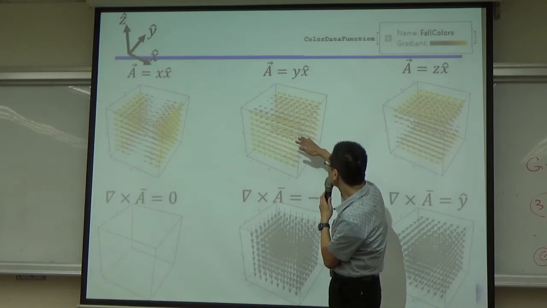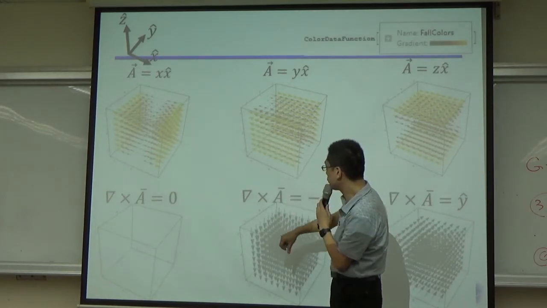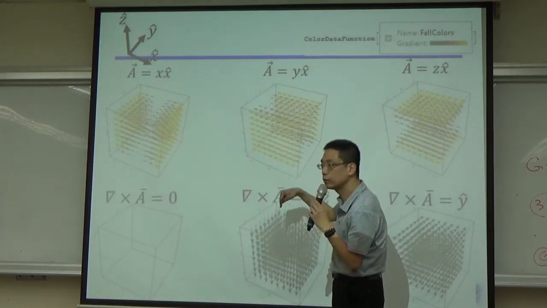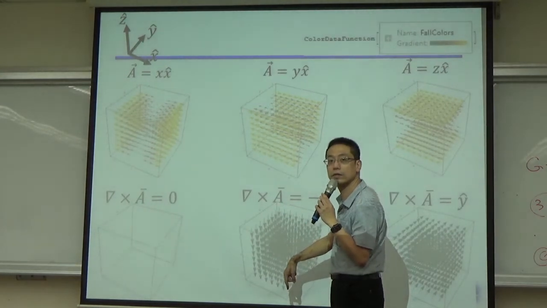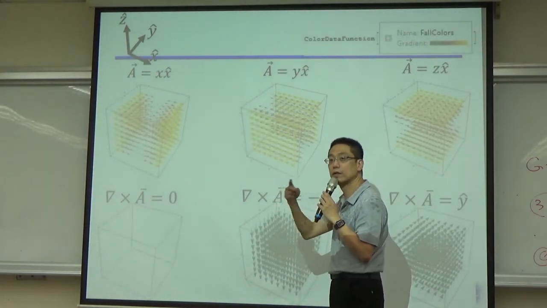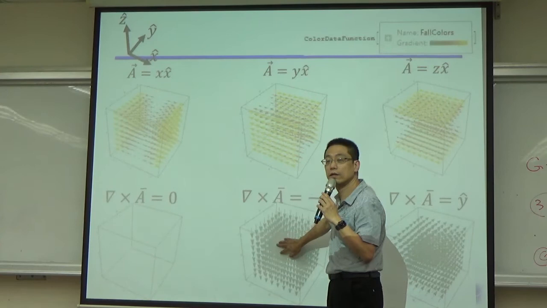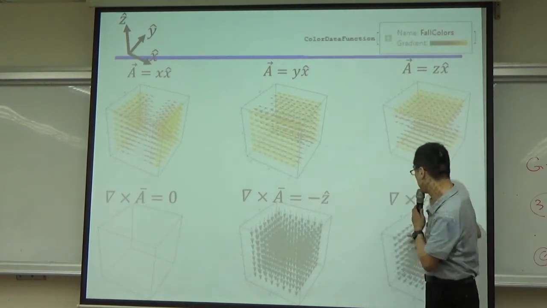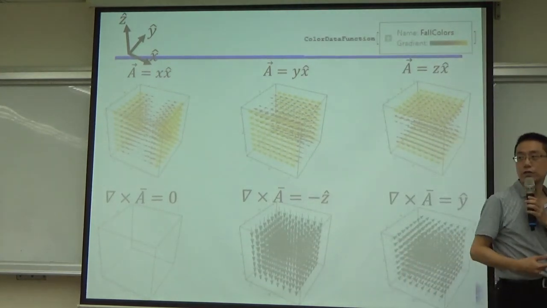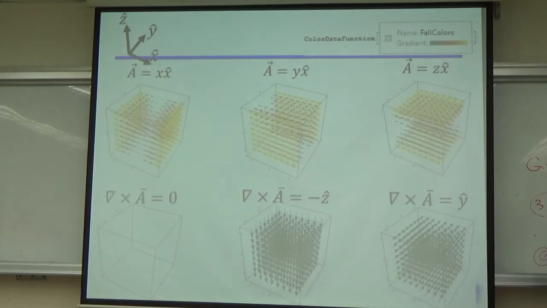So the turning direction is in the z direction. Something is turning. You can see that from here to here. This is how we try to understand the physical meaning of the curl. There's something turning.